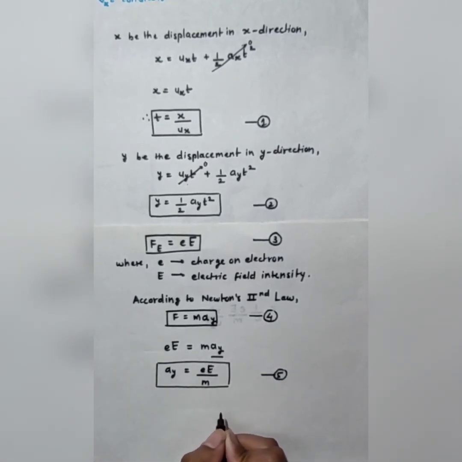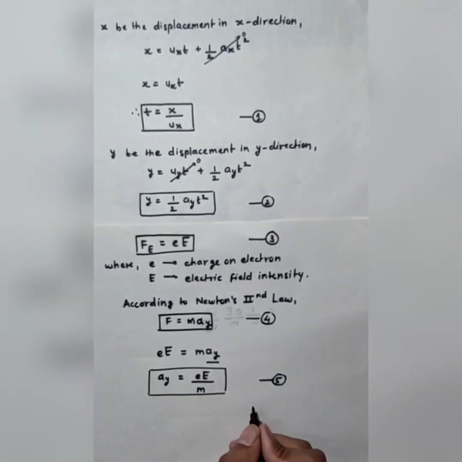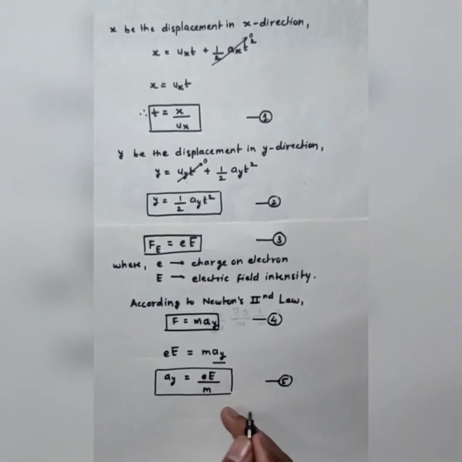We have equation number 1 for time and equation number 5 for acceleration in y direction.